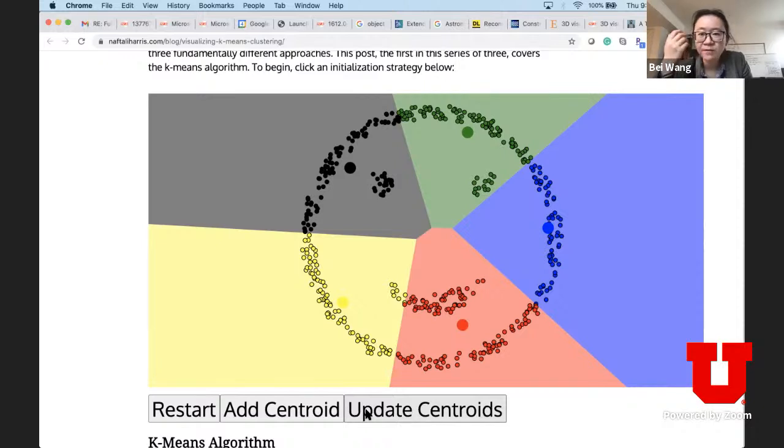But nevertheless, there's a really interesting property of this algorithm: it starts with some initial guess of cluster centers, and iteratively updates the cluster centers until convergence. And that is the cluster we have.